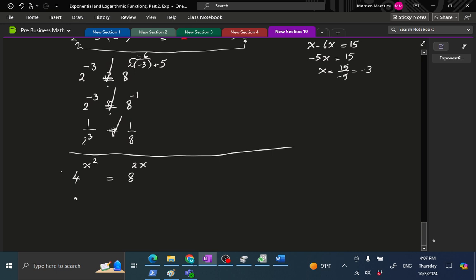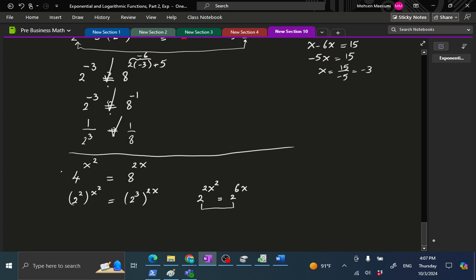So instead of 4, I write 2 squared, now to the power of x squared. On the right hand side, I write 2 cubed to the power of 2x. Remember, all the new exponents have to multiply, so this becomes 2 to the power of 2x squared. On the right hand side, 3 times 2x is 6x.